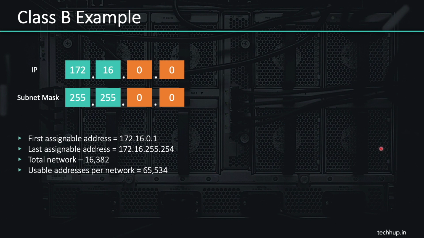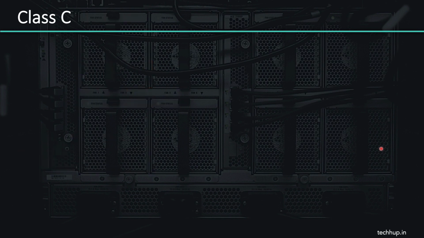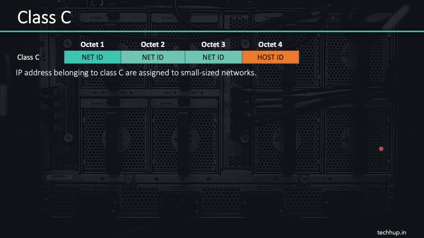Okay, so now let's have a look at class C IP addresses. IP addresses belonging to class C are assigned to small sized networks. The network ID is spanning 3 octets, which is 24 bits long, and the host ID spanning 1 octet is 8 bits long.